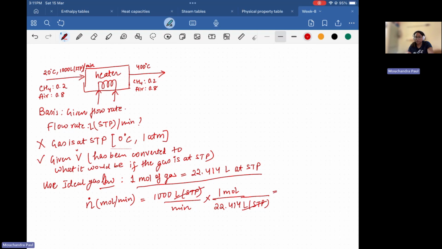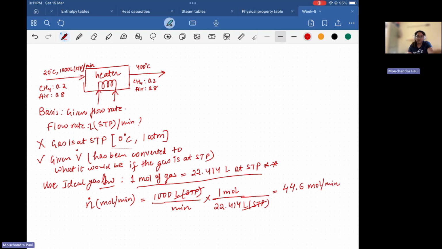This will automatically give us the actual value. Note, we use this conversion factor to convert the volumetric flow rate, given as liter STP per minute, to molar flow rate, which is mole per minute. If we do this division, 1000 by 22.414, we should get 44.6.